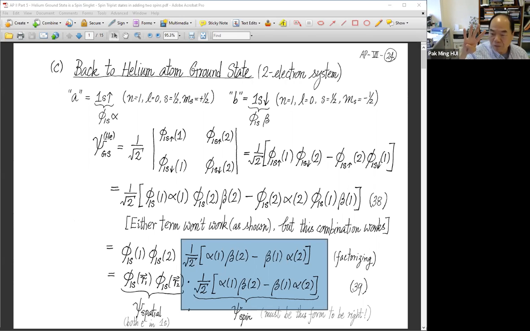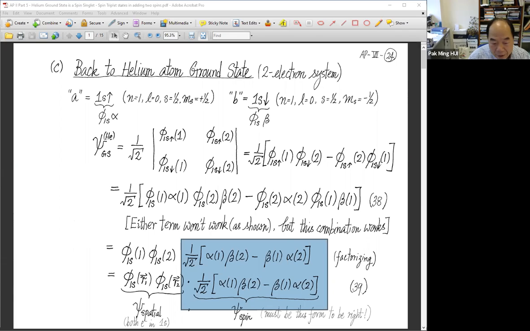You add it up, you get 4 states, no more, no less, because they are only linear combinations. Okay, so do you follow my story? I'm repeating a story of adding 2 angular momentum. You follow that? I'm reminding you something.